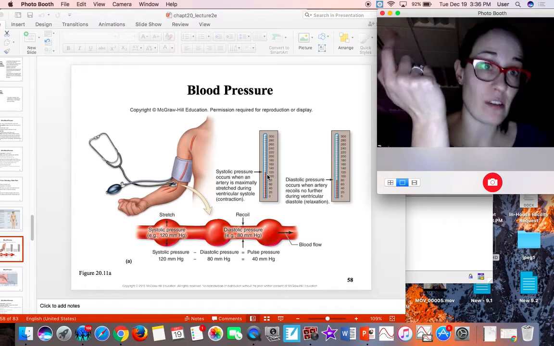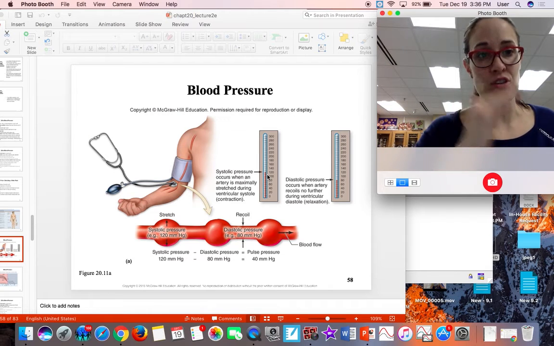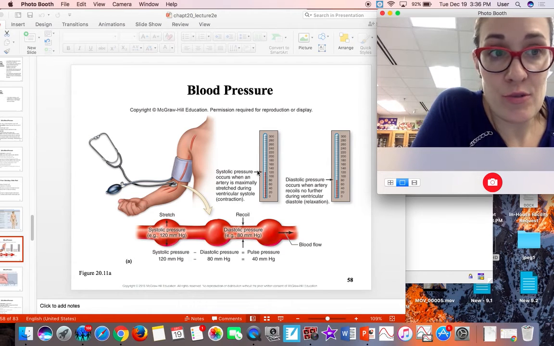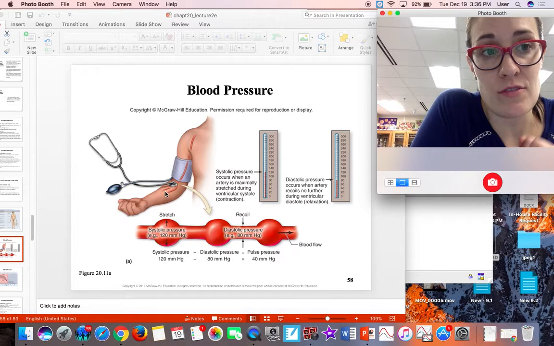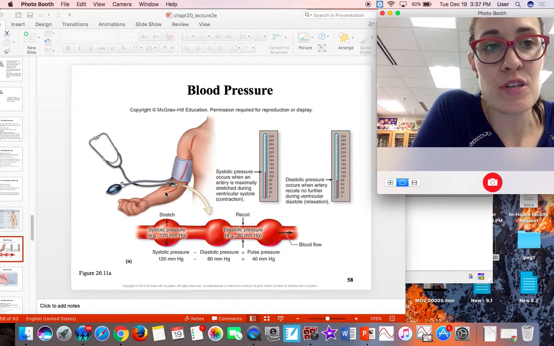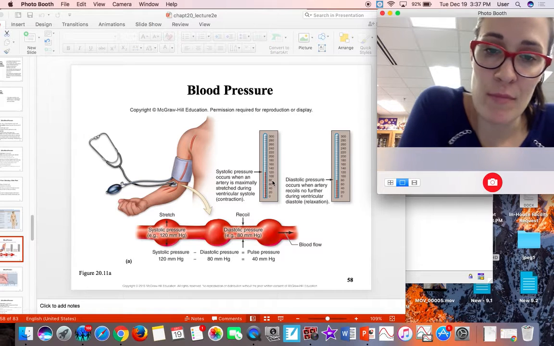Next time somebody checks your blood pressure manually, the needle will jump a little bit when it gets to the systolic pressure, when the blood starts flowing through the blood vessels again. That's the maximum pressure pushed up against the walls. That's the systolic, and that's when they write down that top number.